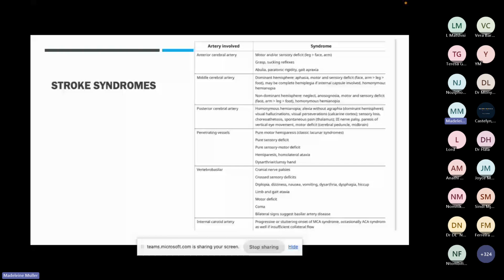For instance, in anterior cerebral artery injury, the leg would be more affected than the face. And in a patient with middle cerebral artery injury, the arm would be more affected than the leg. So that is just something to keep in mind, but I won't be going through all of that.